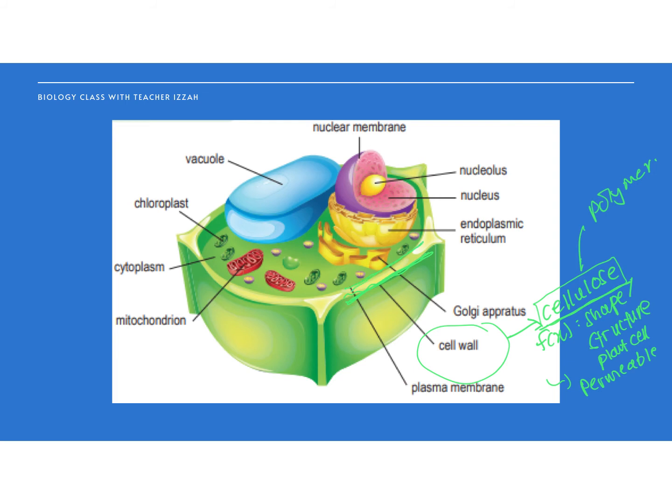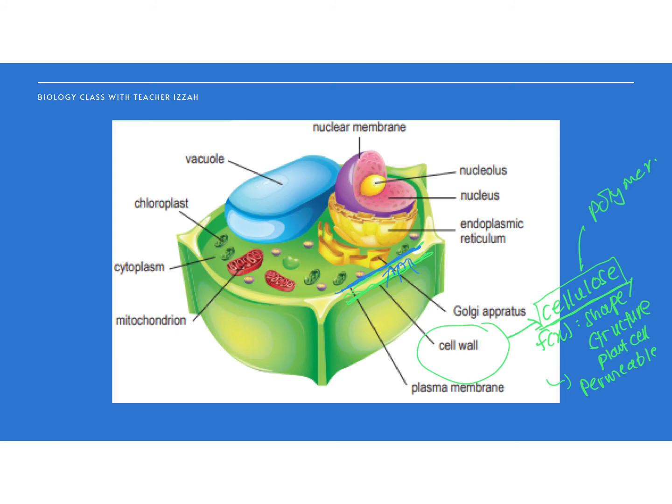Walaupun all things can pass through the cell wall, but still ada gate kat dalam. Gate tu adalah plasma membrane. So although substances can pass through the cell wall, they still cannot pass through the plasma membrane.